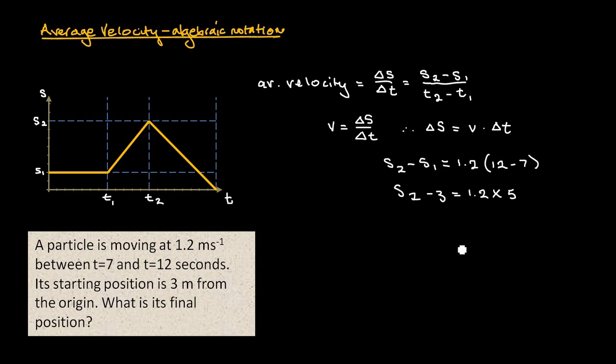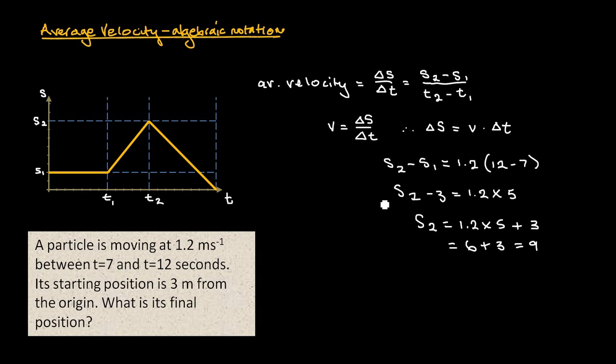Okay, so its final position, s sub 2, has got to be, if we add 3 to both sides, 1.2 times 5 plus 3. Okay, and 1.2 times 5 is 1.2 times 10 divided by 2, so that's going to be not 0.6, 6. So 1.2 times 5 is 6, plus our 3 equals 9. So there we go.